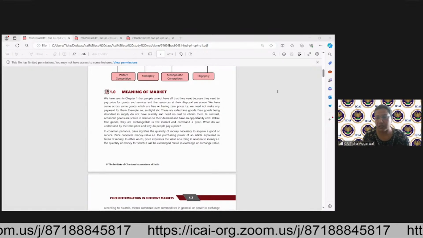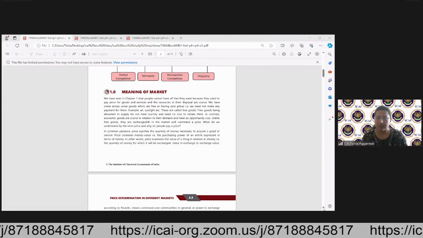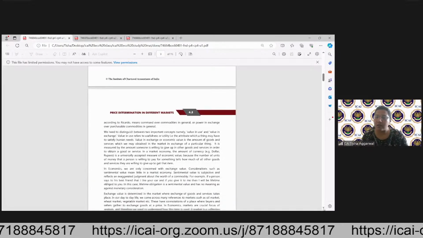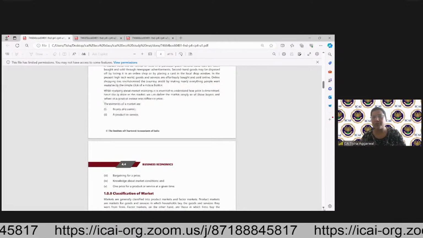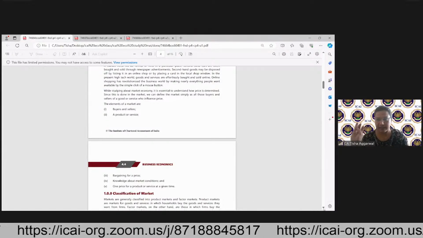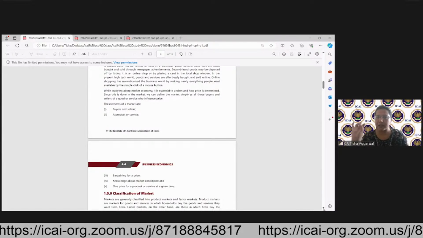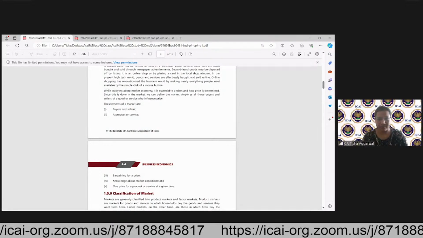Okay. Now, when we talk about market in economics, there are a lot of variations which we understand with the types of market. First thing you need to understand is the elements of market. It is the buyer and the seller. It is the product or the service. It is the bargaining, that is the price negotiation.